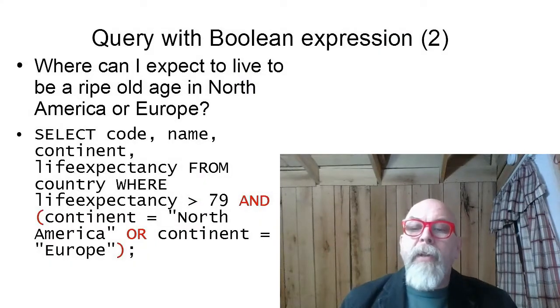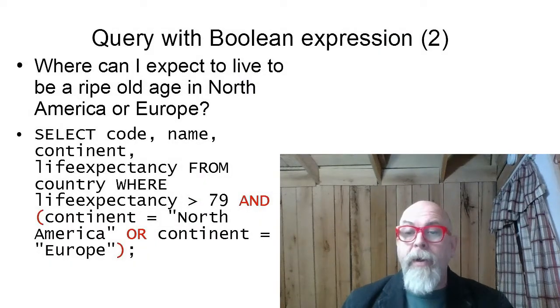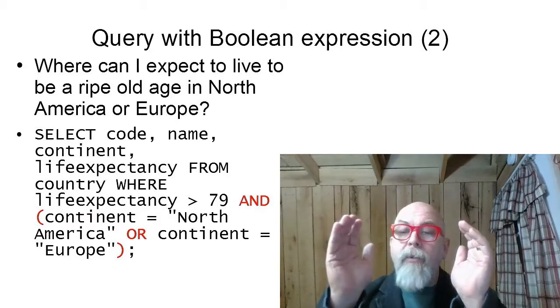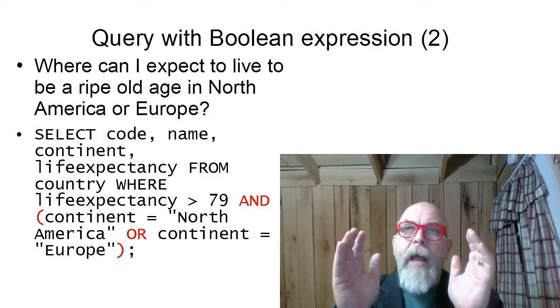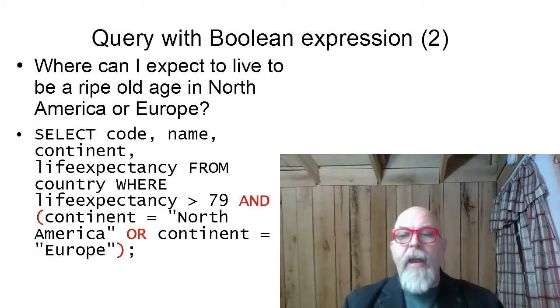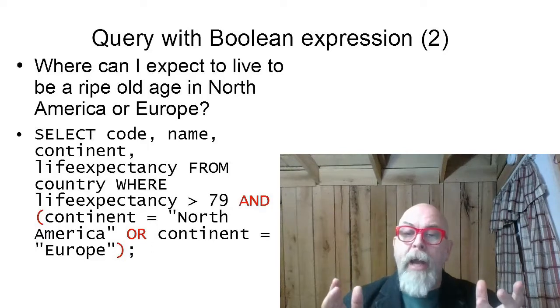In another example of using Boolean operators, here's a statement using a combination of ANDs and ORs. Notice the parentheses around the OR. You can think of the Boolean operators AND and OR a lot like multiplication and addition.